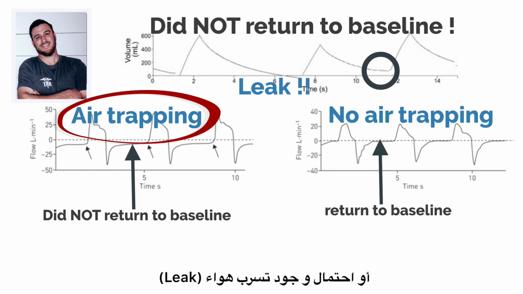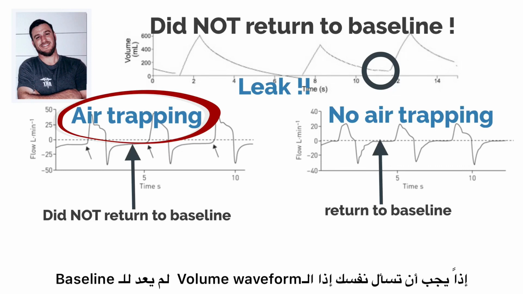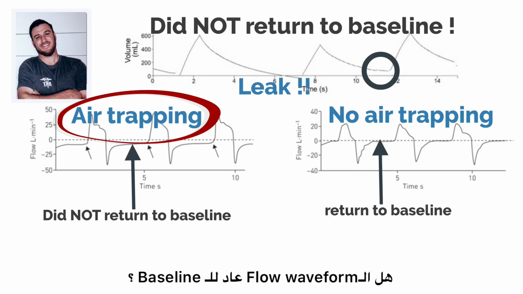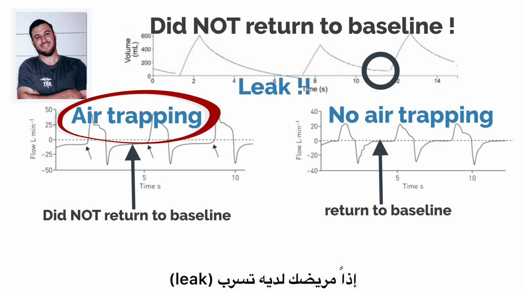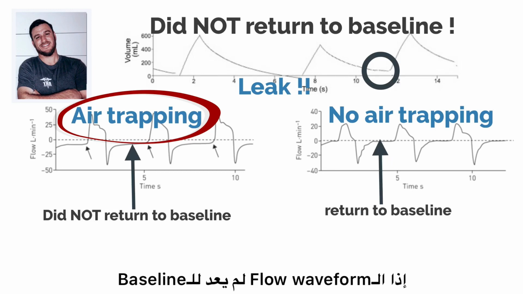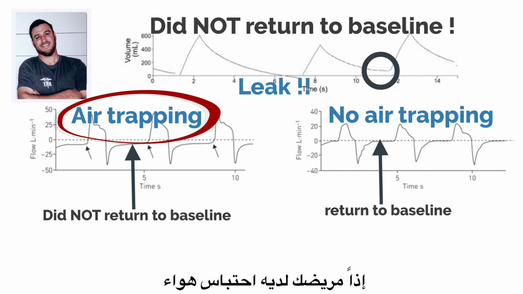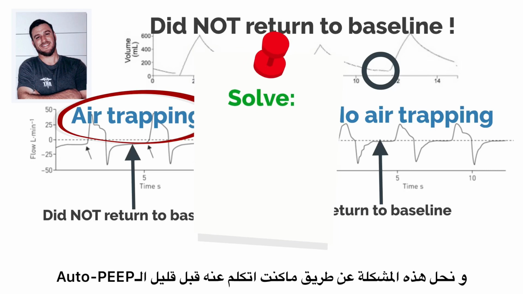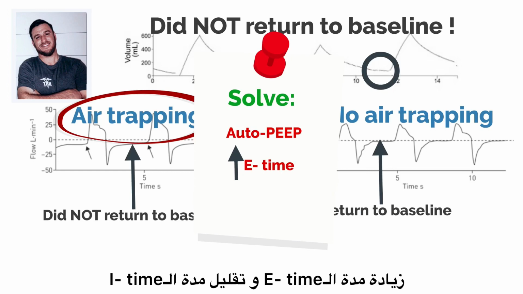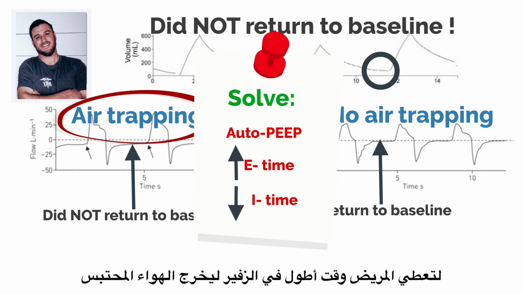So you have to ask yourself, is my flow returning to baseline? And if the answer is yes, then your patient has a leak. If your flow is not returning to baseline, and neither is your volume, then your patient is air trapping. And you can solve that by what I was talking about earlier about auto PEEP: increasing E time by decreasing I time and giving your patient more time to exhale.